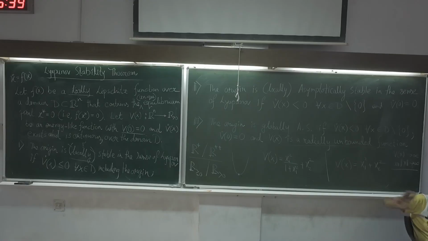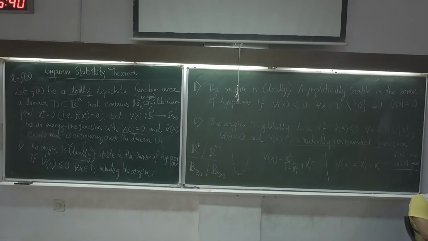Now, before you write, just consider the first one. What happens? Can anybody tell me, for the first function, when does it go to infinity? Even if only x2 goes to infinity, V(x) can go to infinity.